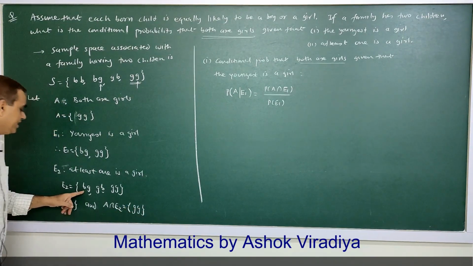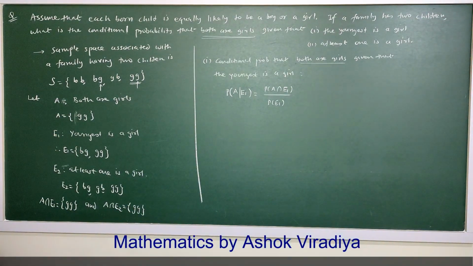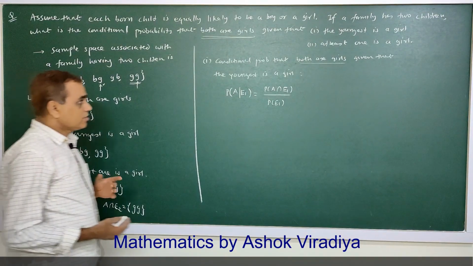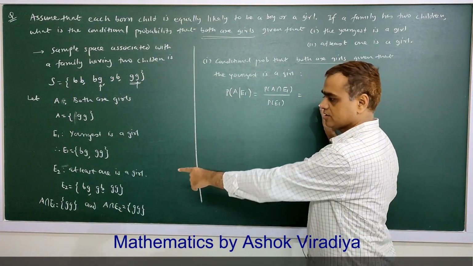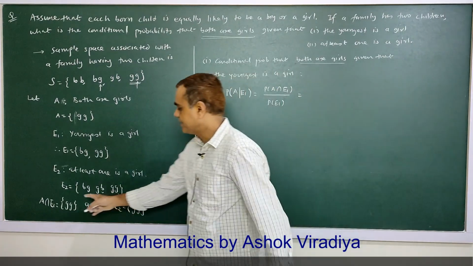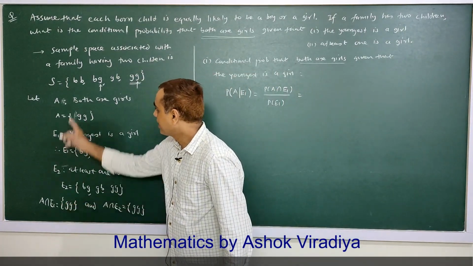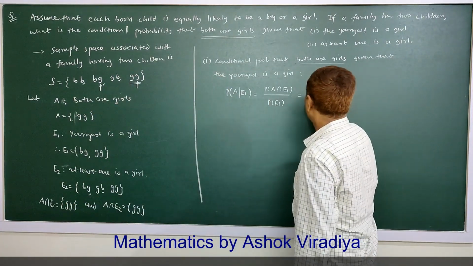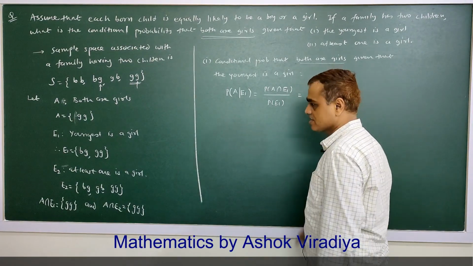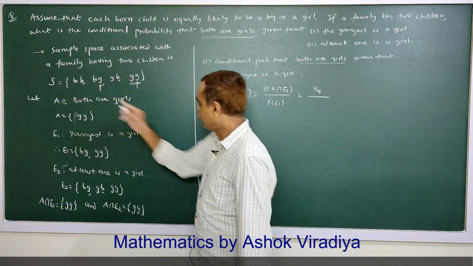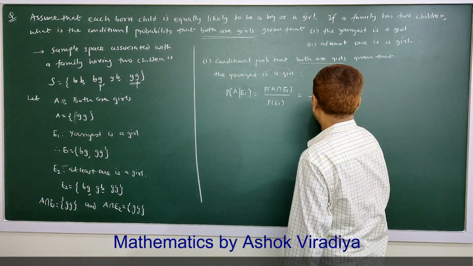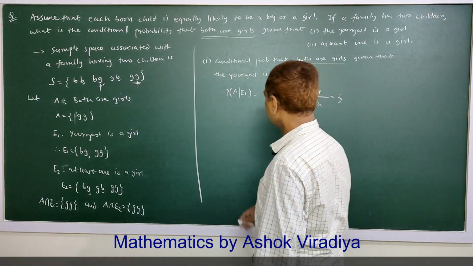So P of A intersection E1 contains only one element, so 1 by 4, upon E1 has two elements, so 2 by 4, that is 1 by 2.